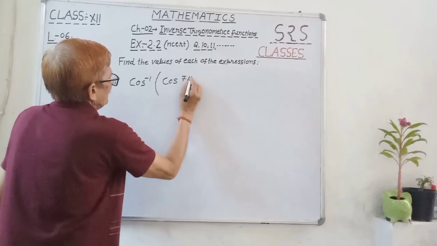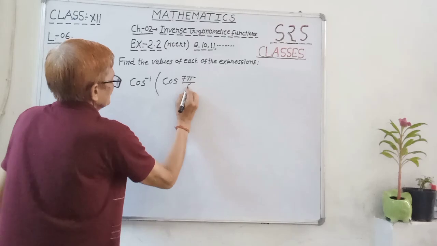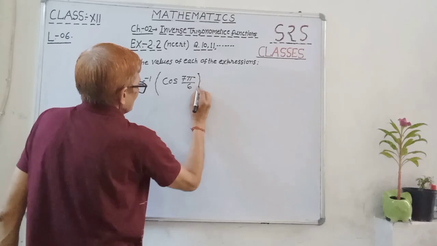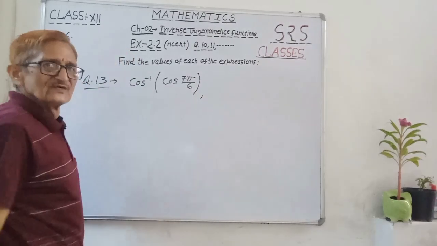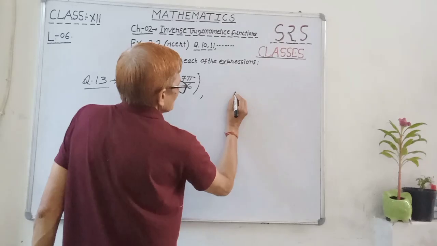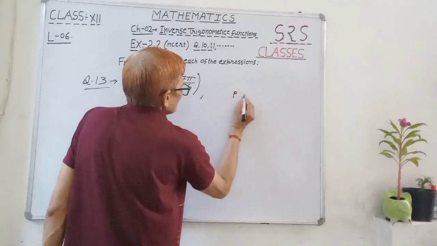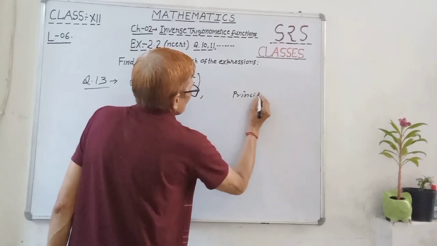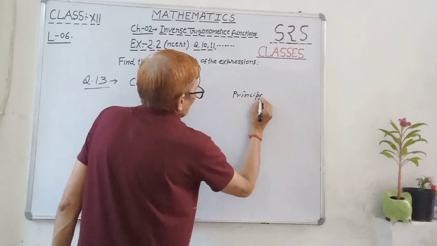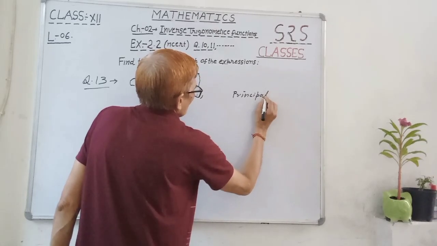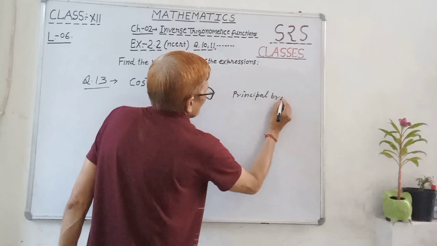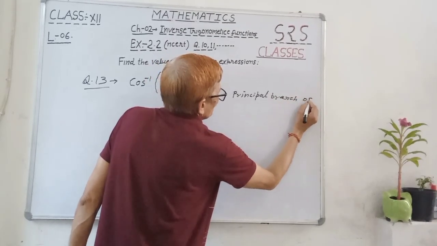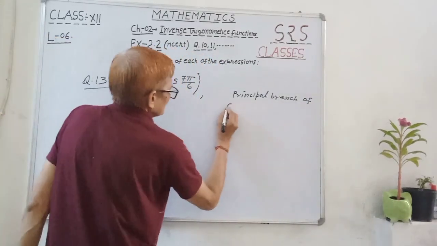Okay, see this: the cos inverse value must be in the branch. So what is the branch of cos inverse? The principal branch, we are saying, of what is here outside cos inverse.